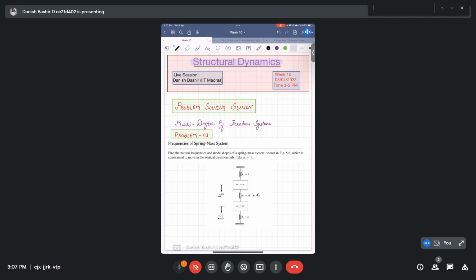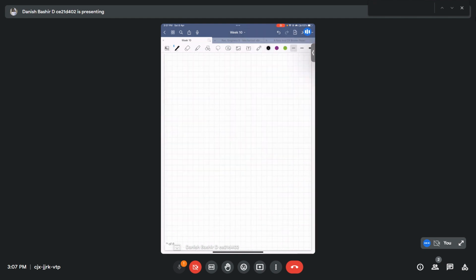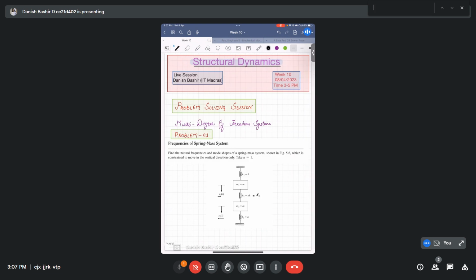So in the last class, I already showed how we can derive the governing differential equation by drawing the free body diagram for each mass. So if I draw the free body diagram for each mass, we have one mass m, and it has one spring above.